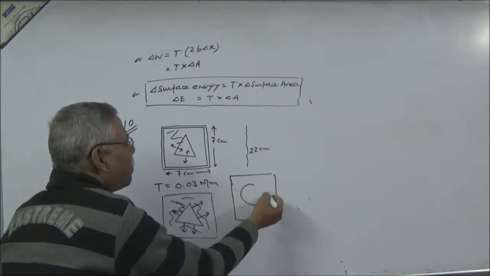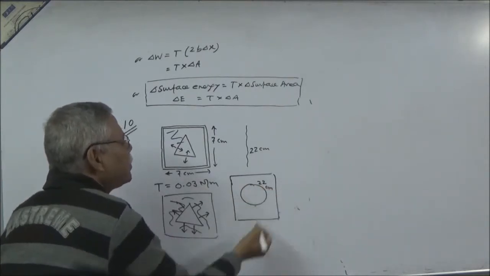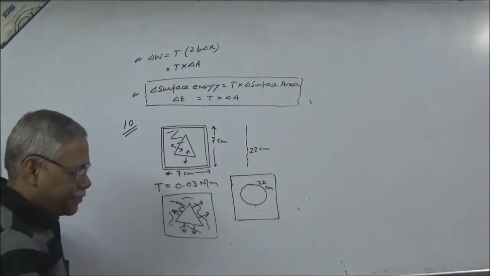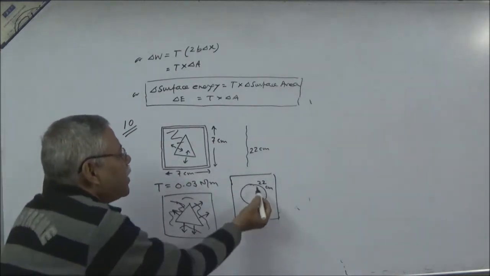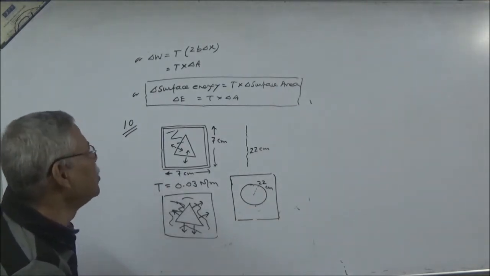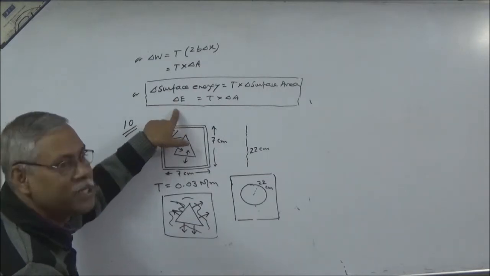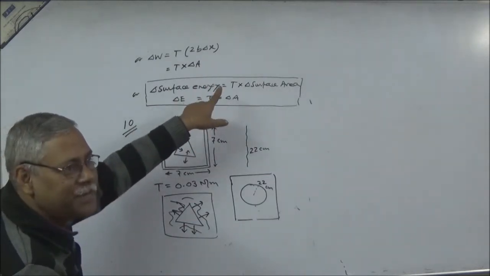So now 22 centimeter perimeter. Use this formula. Change in surface energy equal to surface tension into change in surface area.